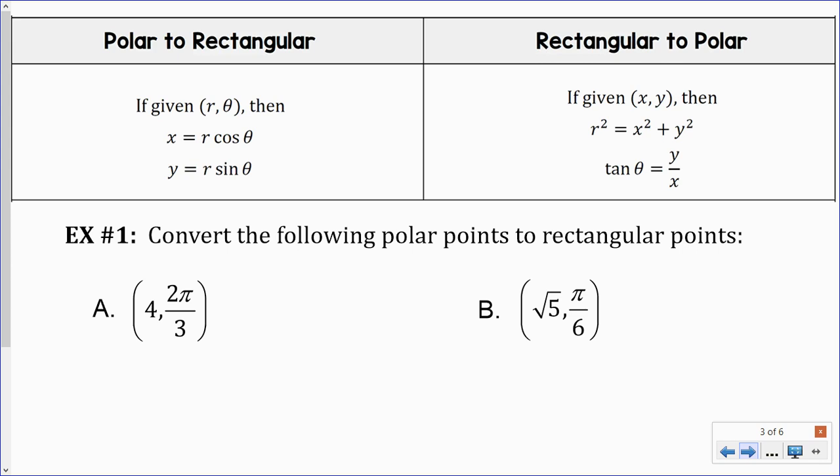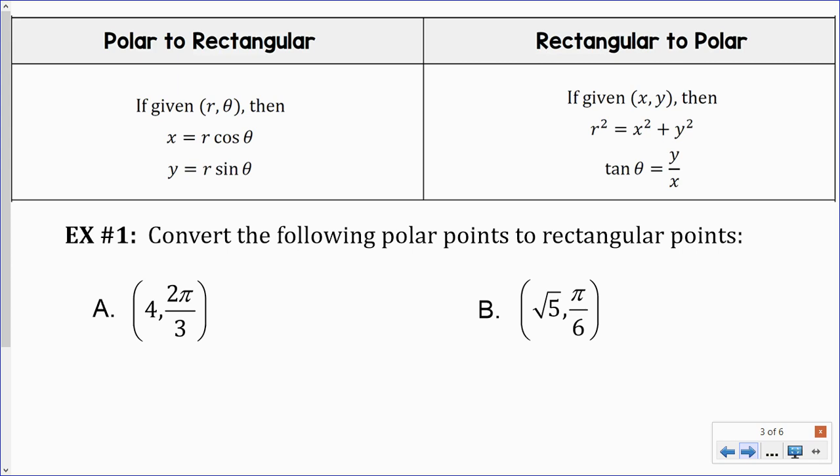Okay, now that you understand basically what polar coordinates are and how we define a point in the polar coordinate system, the next thing that you'll want to be able to do is convert between those two coordinate systems. So you can convert from polar back to rectangular or from rectangular to polar.